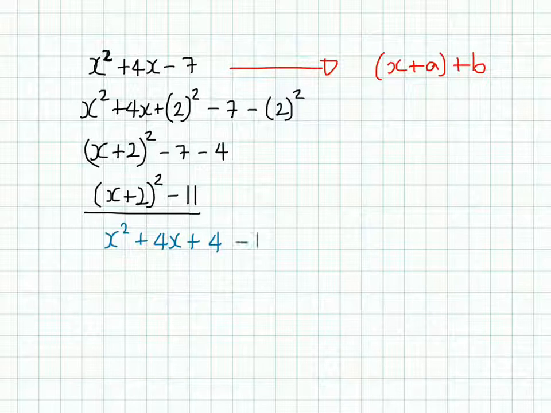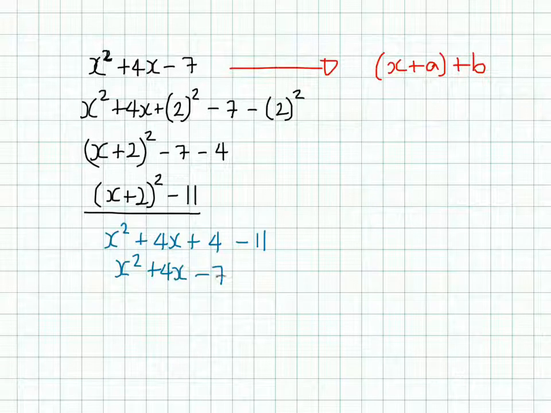And then I've got that minus 11 on the end. If you want, you can do the bracket times itself and prove to yourself that you're going to get that, okay? So x squared plus 4x, well, 4 take away 11 should give us minus 7, which brings us back to what we had before. So I know that this is therefore correct.